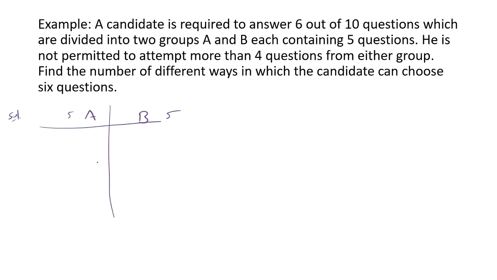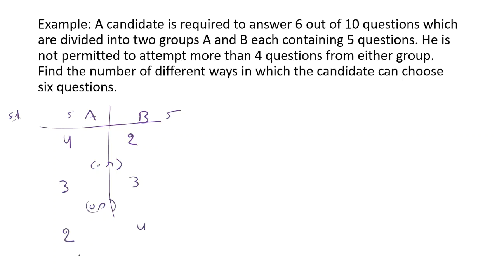So what he can do is, he can select 4 questions from group A and the remaining 2 from group B, or he can select 3 questions from group A and 3 questions from group B, or he can select 2 questions from group A and 4 questions from group B.